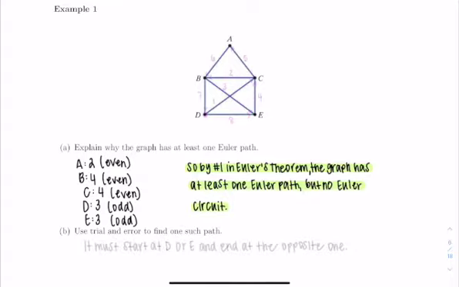Then we want to use trial and error to find one such path. So by Euler's theorem, it must start at one of the odd vertices and end at the other one. So we have to start at either D or E and end at the other one.